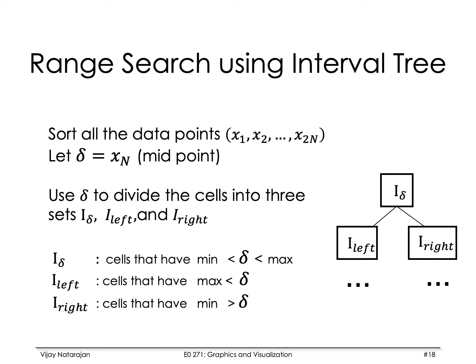In this interval tree, we will end up storing the intervals at possibly every node in the tree. Signoni et al. showed that the interval tree can be used to identify the isosurface cells in much faster time compared to the earlier approaches. Let's look at how this interval tree works.